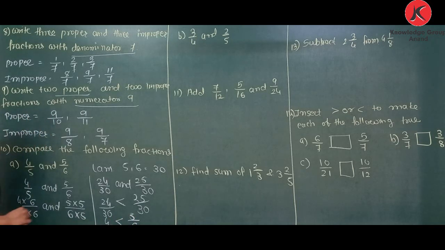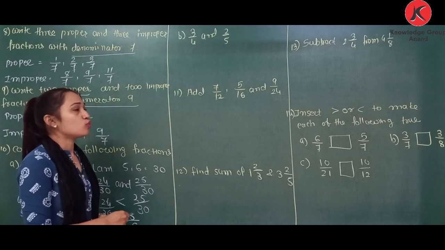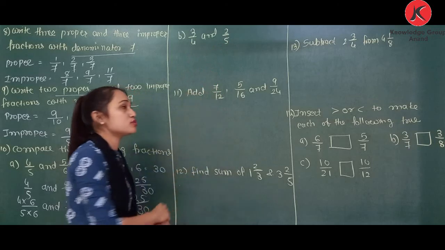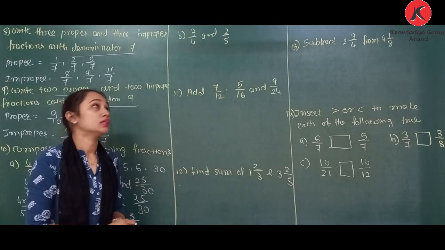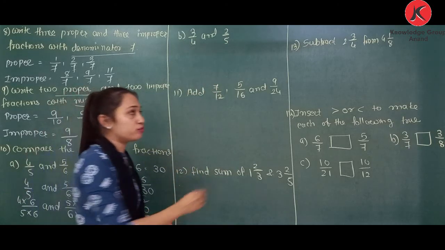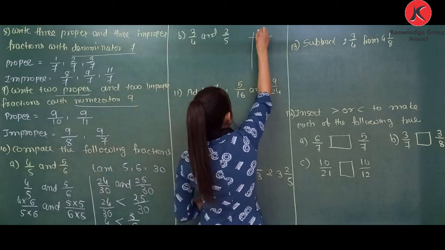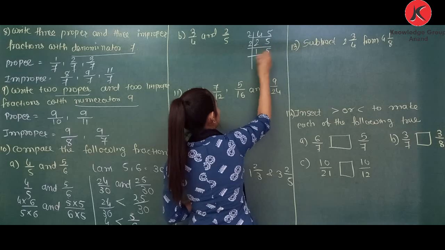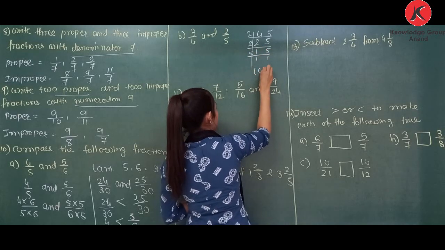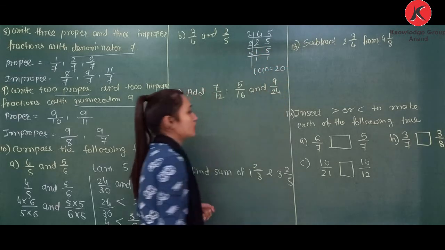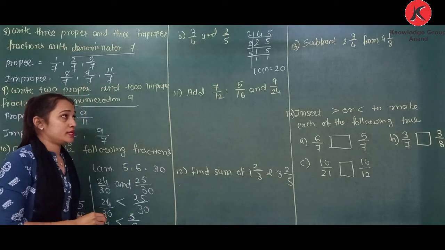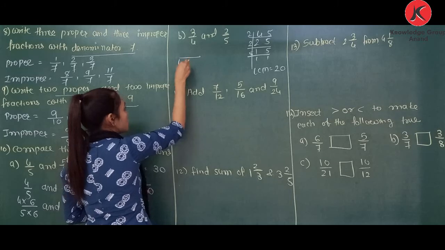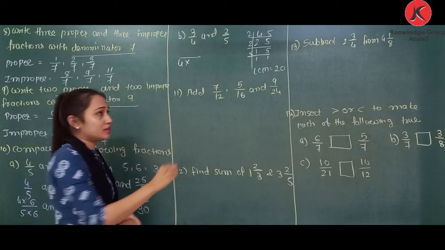Okay. Now next one, 3 by 4 and 2 by 5. Again you can see the denominators are different, numerators are also different, so we cannot compare directly. Take LCM of 4 and 5 for comparison. You can take LCM like this. So LCM is 20. Now make the denominator the LCM. So here, which number should we multiply to get 20? 5.